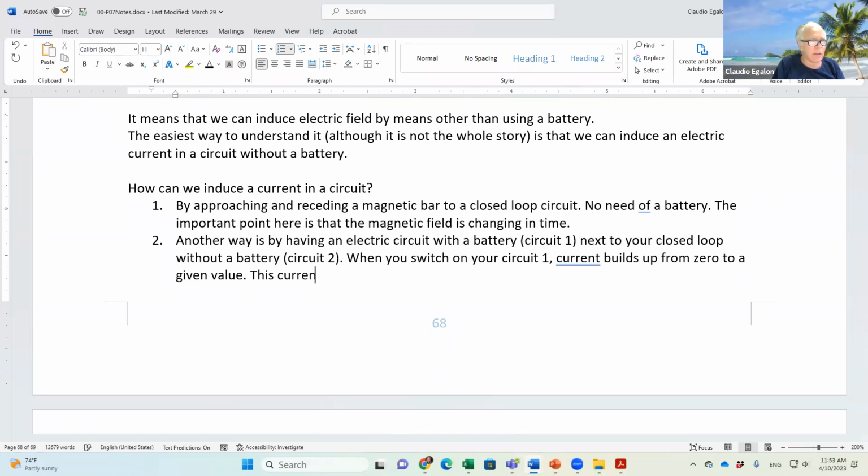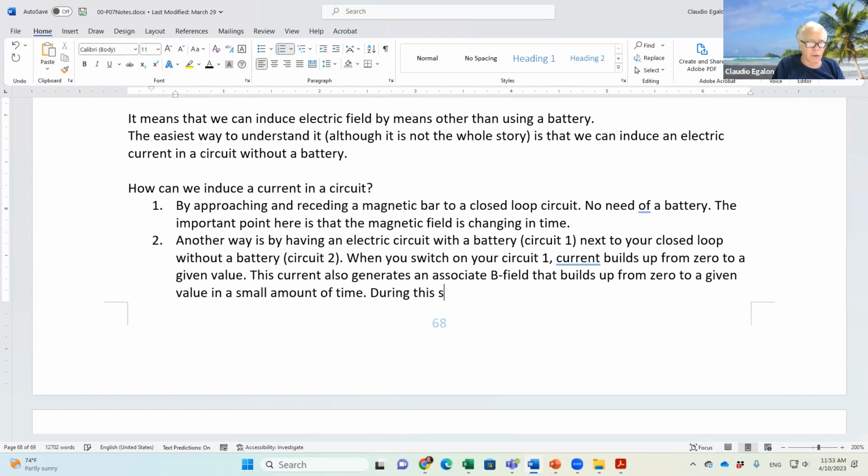This current also generates an associated magnetic field that builds up from 0 to a given value in a small amount of time.